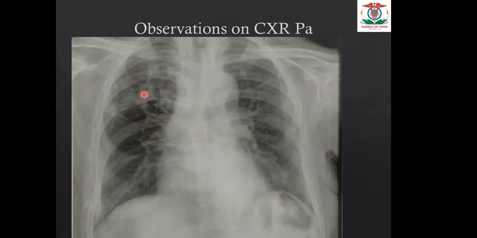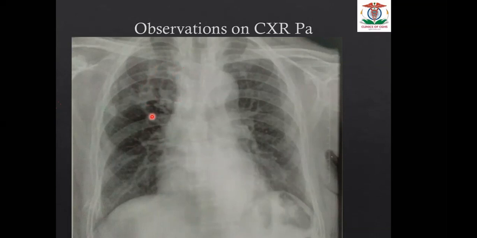You have to magnify. If you are watching this session on mobile, you can magnify your slides, like you normally enlarge photos or videos, with your fingers. So you can see some cystic shadows in the right upper lobe.